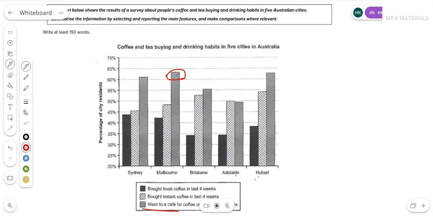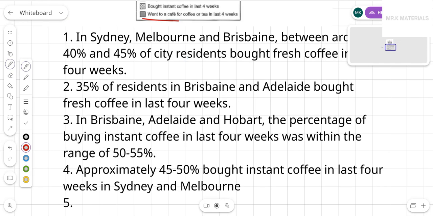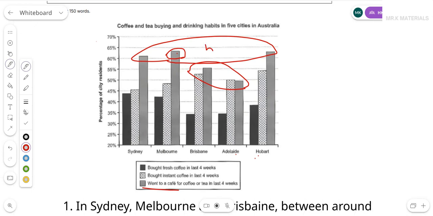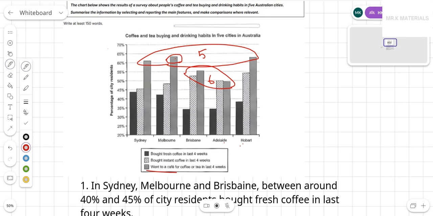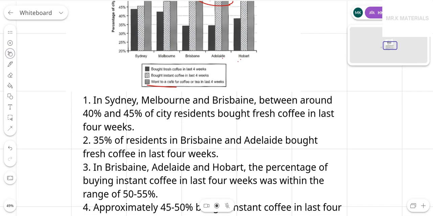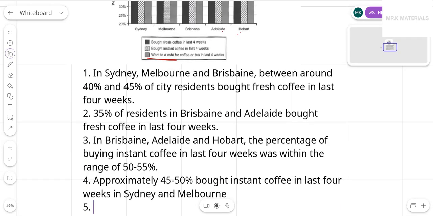It's useless for me to talk about them separately, so I'm going to put them together. These three are one key feature. These two are one key feature. So this is going to be the fifth key feature. This is going to be the sixth key feature. So overall, in this graph, I'll have six key features. All right, this is quite all right.